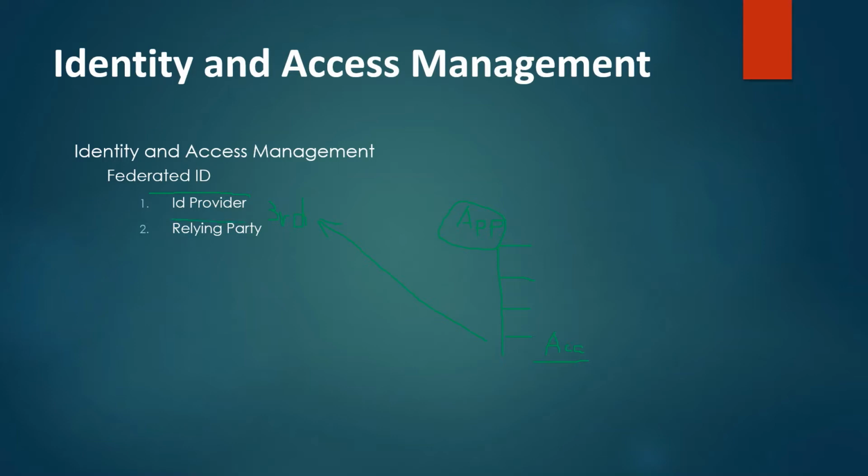For example, Google, Facebook, and the mainstream, very popular applications have pretty comprehensive management of their ID and access. And the application itself is called the relying party. So the federated ID is the federation between the identity provider, that's the third party, and yourself or your company, your own application.